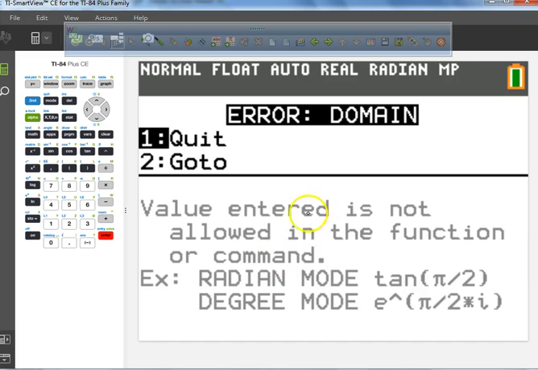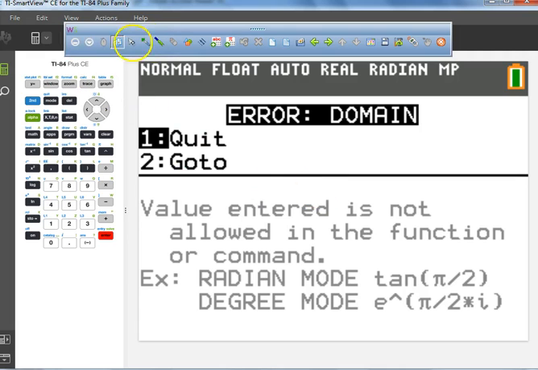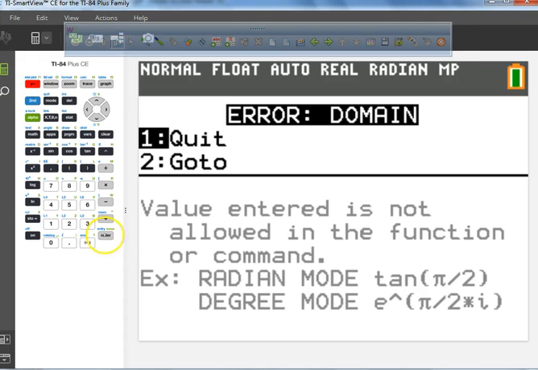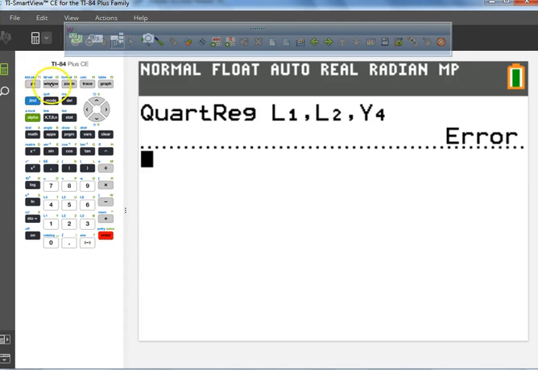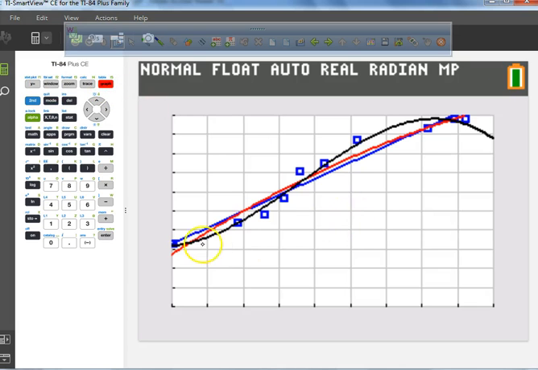Okay? So basically we have an undefined situation. So we can't interpret this data as a quartic function. So right now, I'm going to say quit. I'm going to go to our graph, take a look at it. Right now we're going to use the cubic function as our polynomial function.